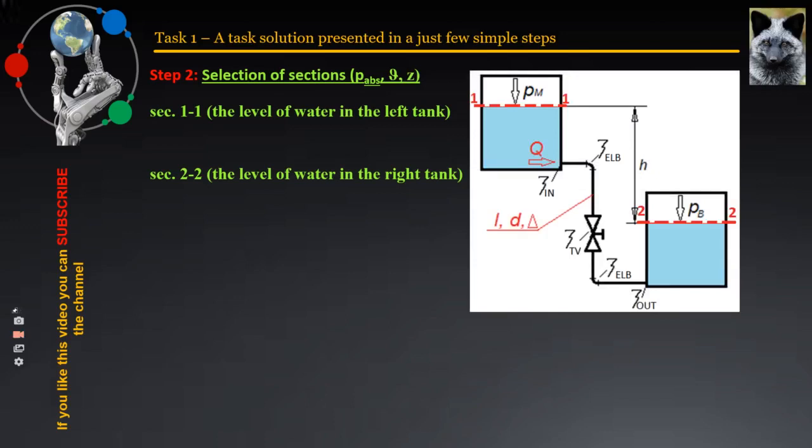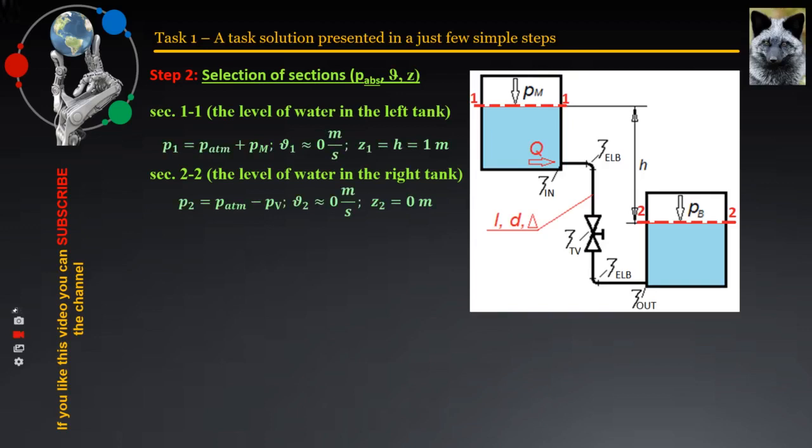The next action is related to the description of the work parameters in the previously selected sections, which I propose to perform combined for both. The determination of the absolute pressure for the two sections is performed as follows.